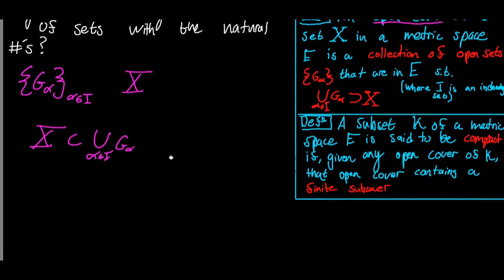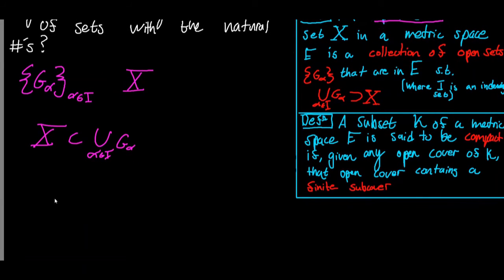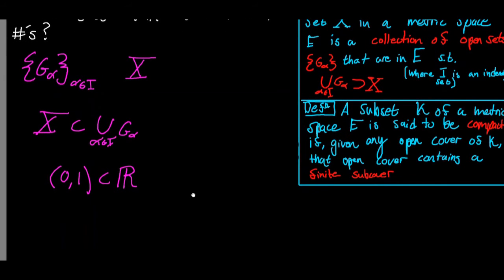So, what if I had the set (0, 1), a subset of the real numbers? This is all real numbers in between 0 and 1, not including 0 and 1.